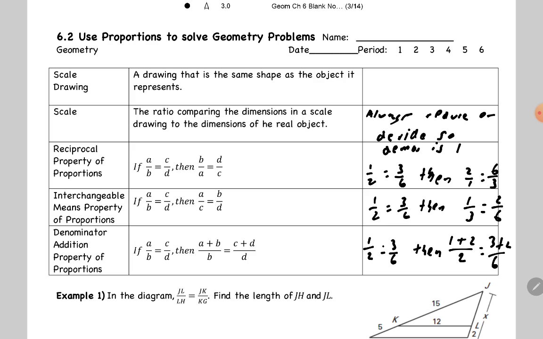Oh, sorry, that didn't look right. 1 plus 2 over 2 equals 3 plus 6 over 6. So there are some rules. Let's see if we can use them to help us.